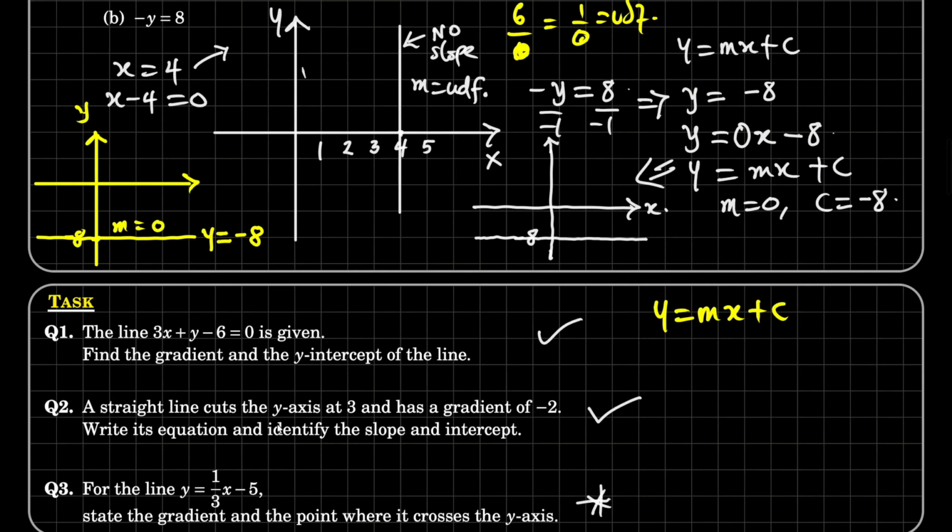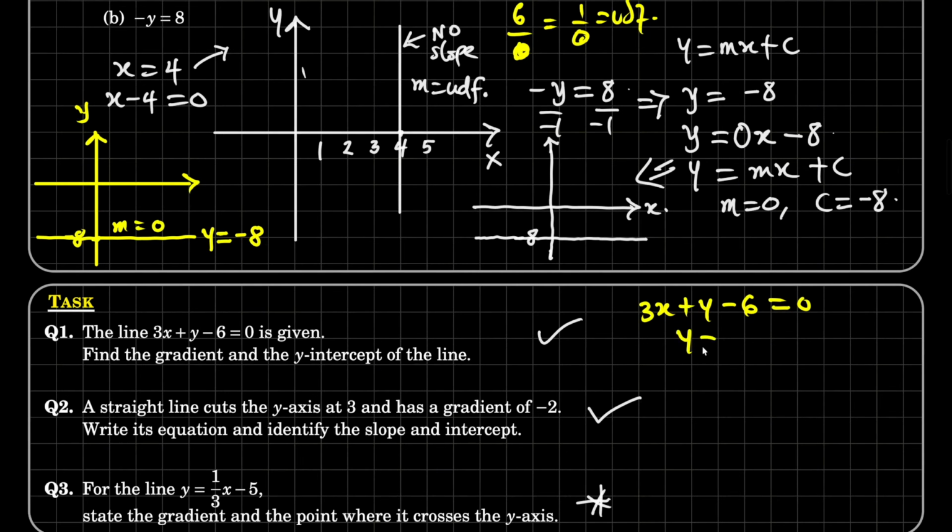Okay, so we have gradient is -3 and intercept is 6, right? Okay, so we are going to continue from here. We cannot wait for any more answers because of time. Right, so for the first one, you have 3x plus y minus 6 is equal to 0.